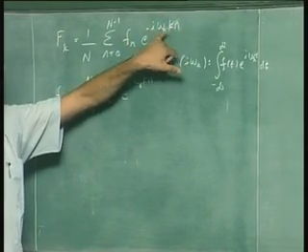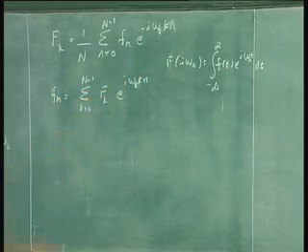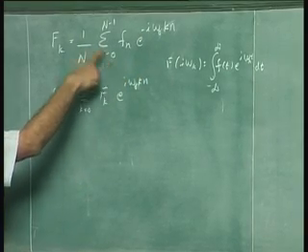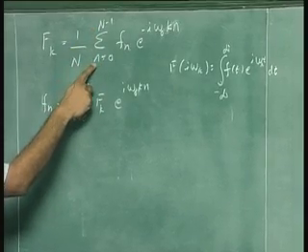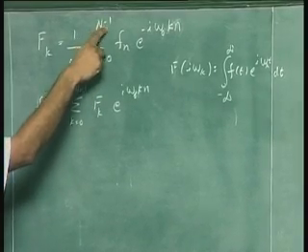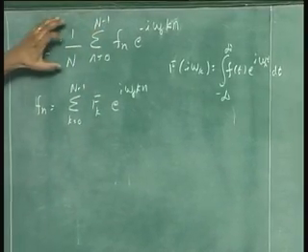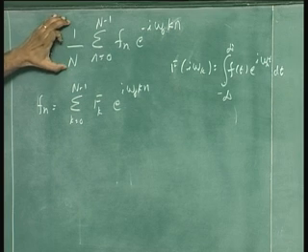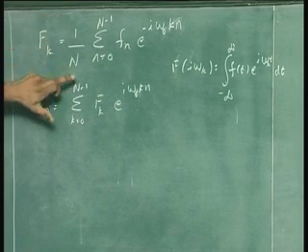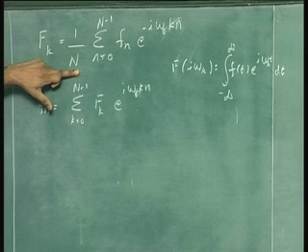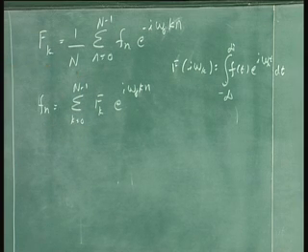Here k and n are integers, and the sum goes from n equal to 0 to N minus 1. There are N points here. So this 1/N is again a normalizing factor, which can be put either in this or in the inverse Fourier transform.